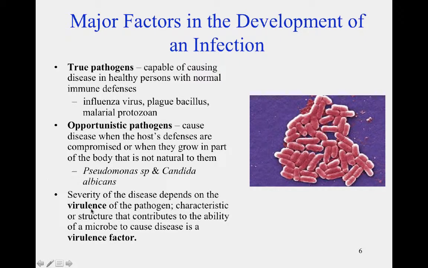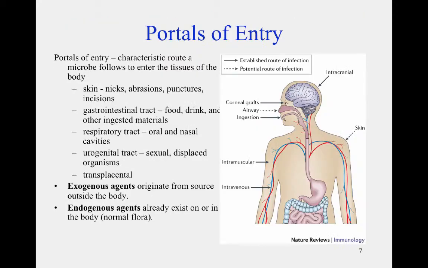So that's analogous with severity of disease or the pathogenesis. So if you hear me say that this specific factor increases pathogenesis or increases virulence, that is just referring to the severity of the disease. And I'm going to talk about different types of virulence factors that microbes possess.